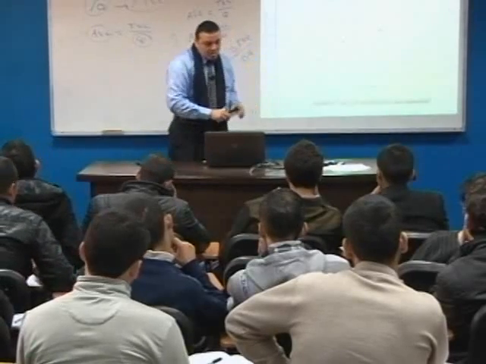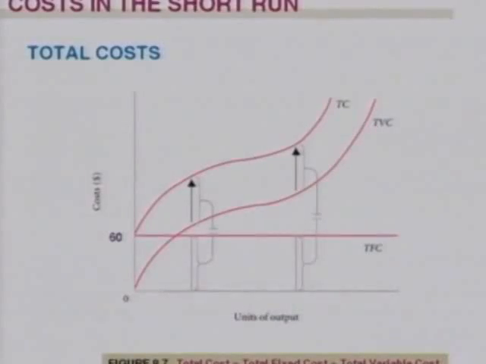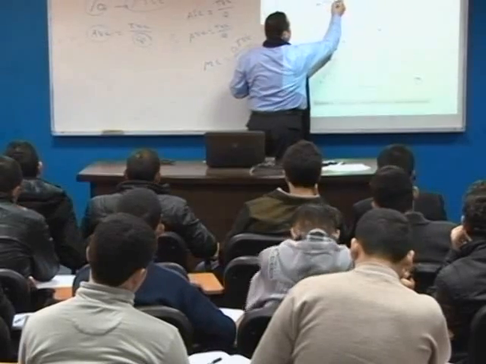So let's go to this diagram, which illustrates the relationship between total cost, total variable cost, and total fixed cost. As you see, this is the Q, or the quantity produced, and this is TC, TVC, TFC.